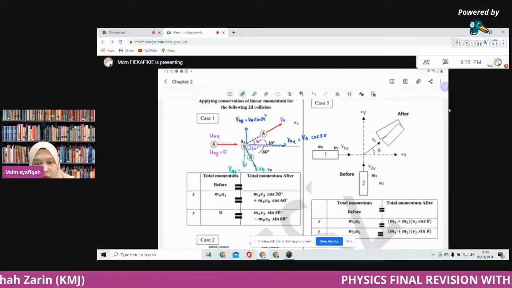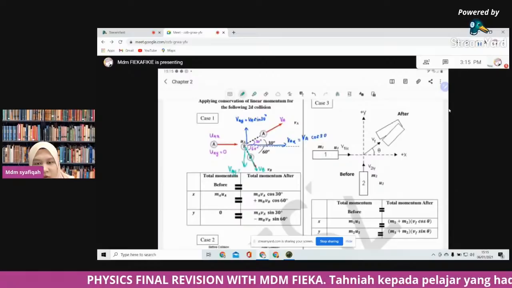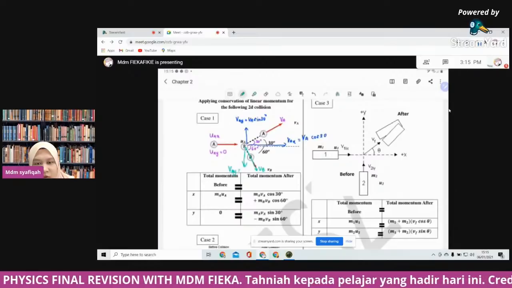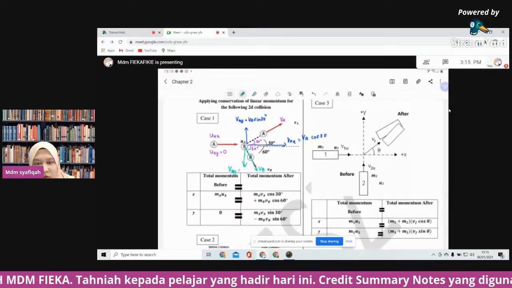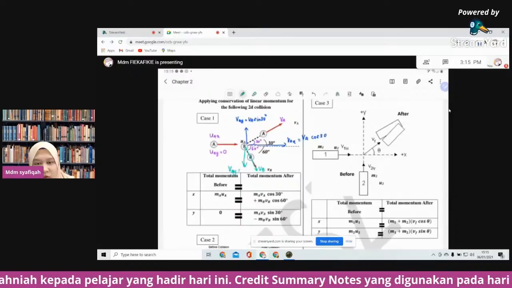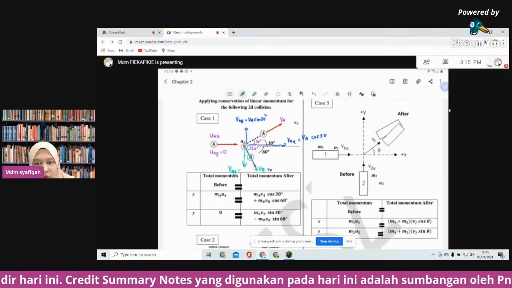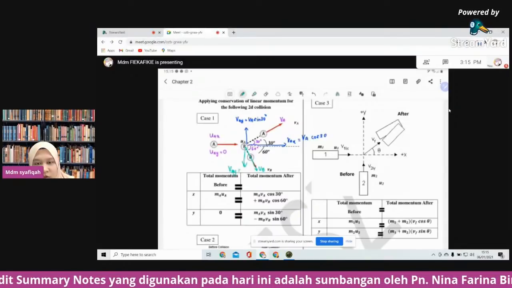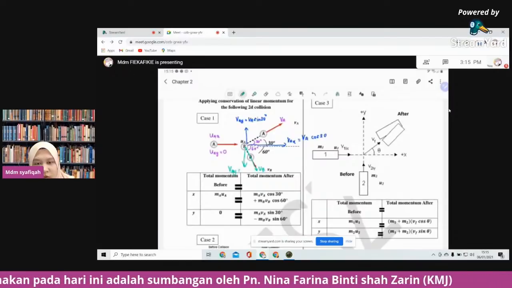Ini adalah VB cos 60. So when we have 2D collision, kita ada X, kita ada Y, kita kena selesaikan kedua-duanya. Okay, total Fx and total Fy. Berapa start ni?